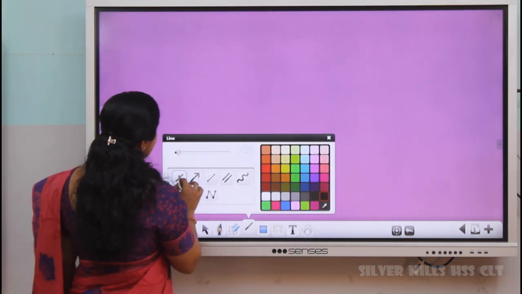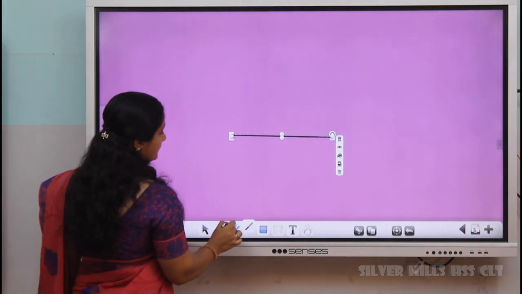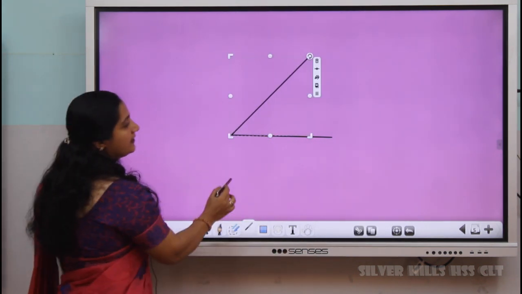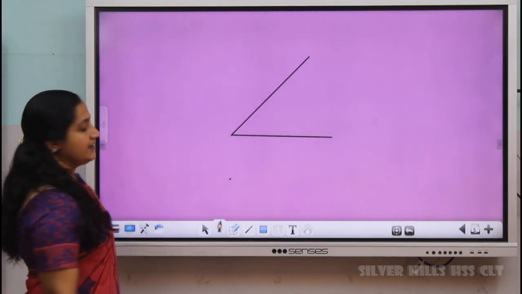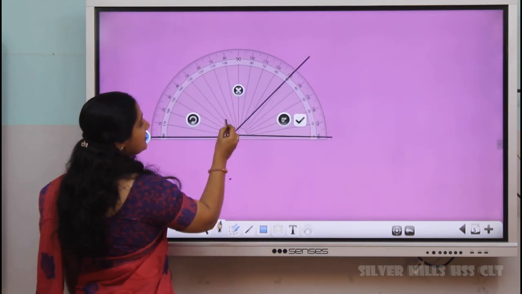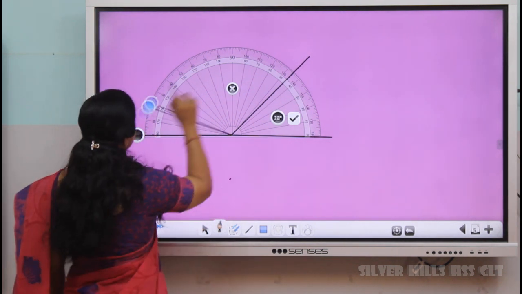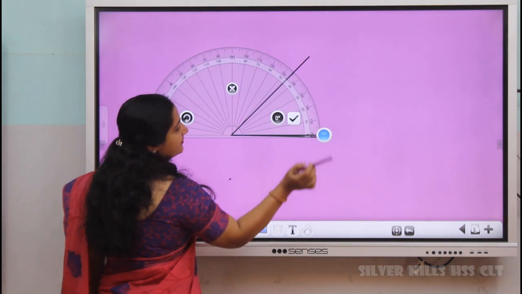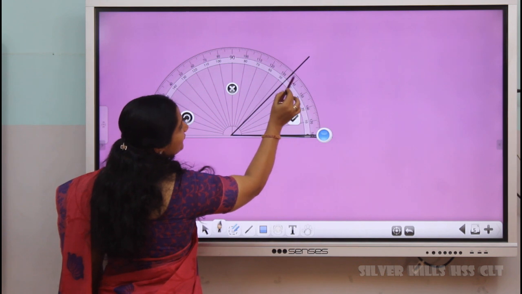For that, I am simply drawing an angle. Okay, dear children. Now, what do we have to do? Take the protractor. Yes. Then fix the center to the protractor. Then count starting from 0. 0, 10, 20, 30, 40.